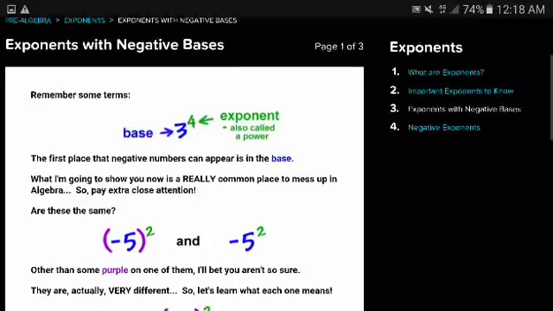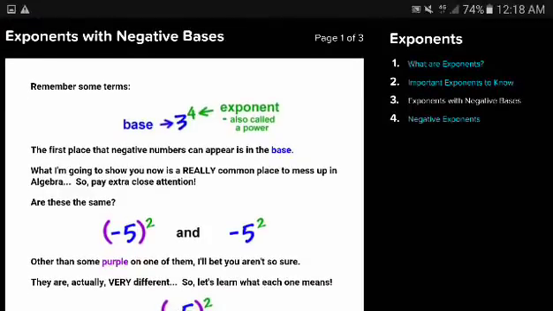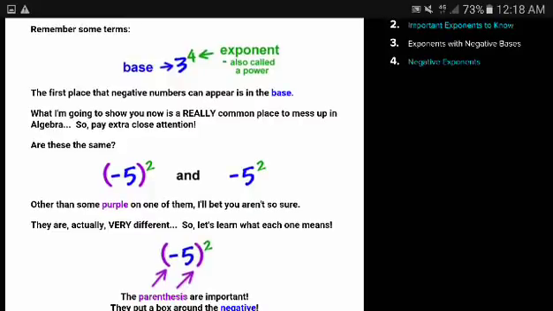Okay, so 3 is the base, 4 is our exponent. The first place that negative numbers can appear is in the base. What we are going to show you now is really commonplace to mess up in algebra, so pay extra close attention. The question here is, are these the same?